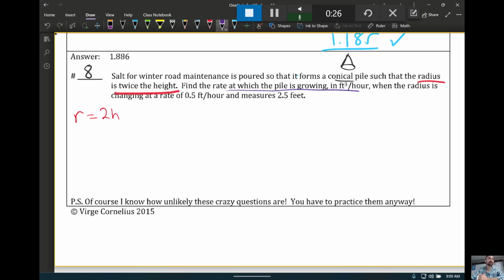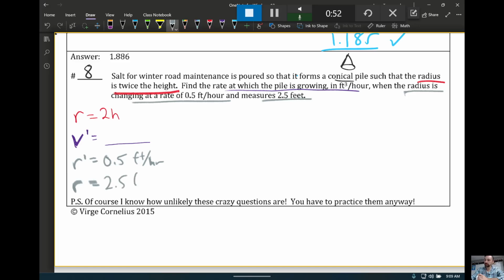So the fact that this is feet cubed tells me it's talking about volume. Only volume has cubic units, and it's got a time component, so that's v prime. When the radius is changing, so r prime is 0.5 feet per hour, and when r measures 2.5 feet.